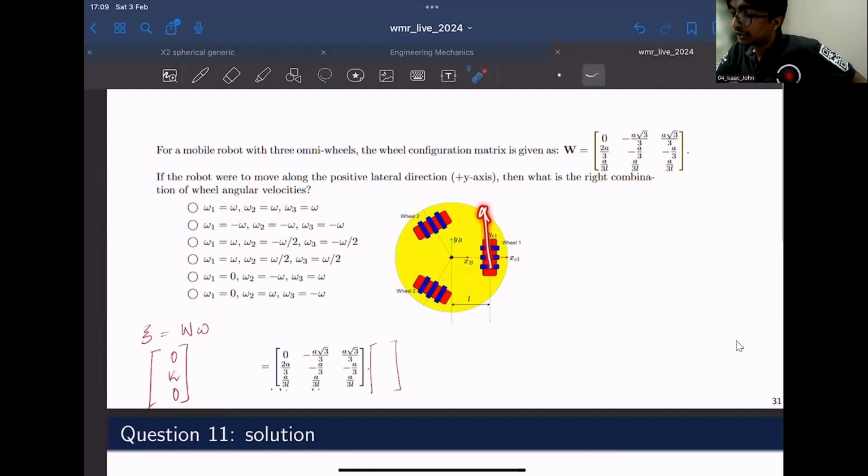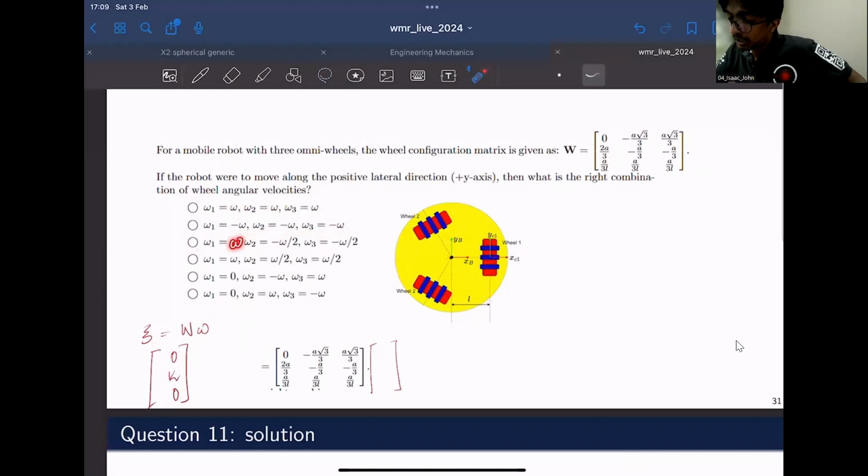If all the wheels are rotating with equal magnitude and equal direction, this will have a tendency to rotate in the clockwise direction. And if all the wheels are rotating with the same magnitude but in opposite direction, then it will have a tendency to rotate in the counterclockwise direction. And what about this option?